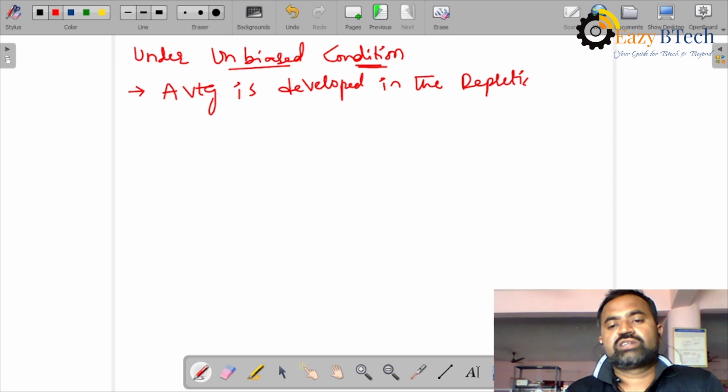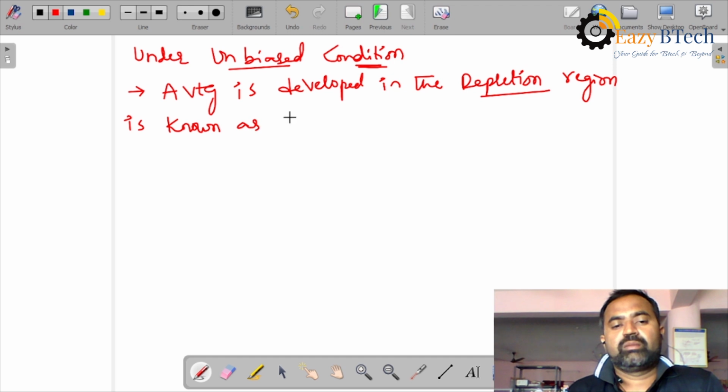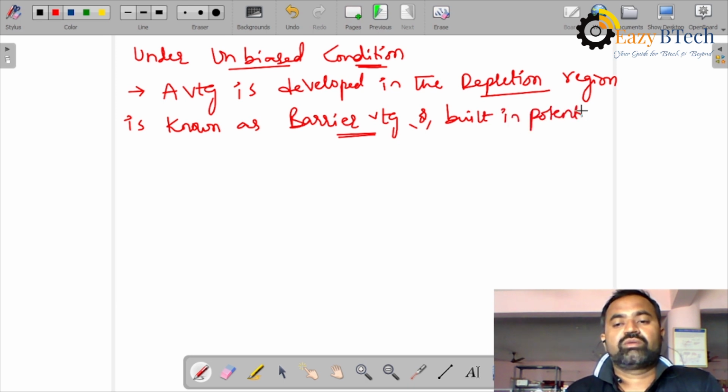The voltage developed in the depletion region is known as barrier voltage, or built-in potential voltage.